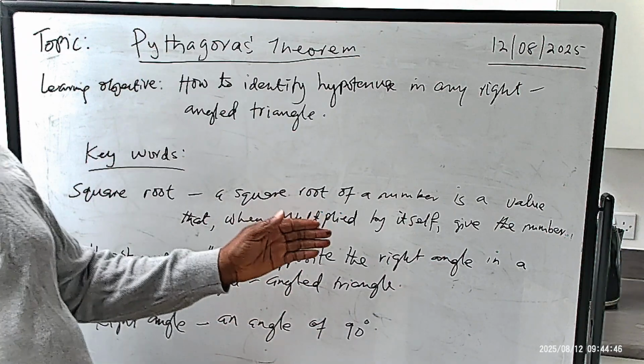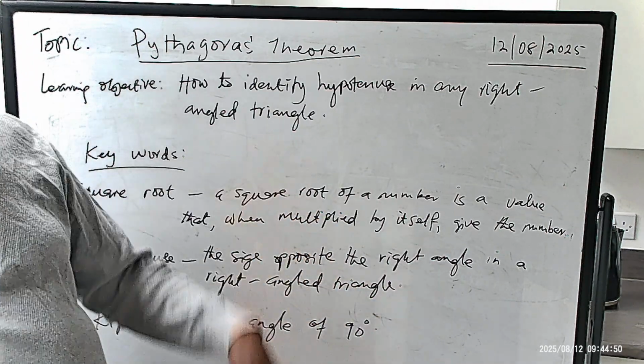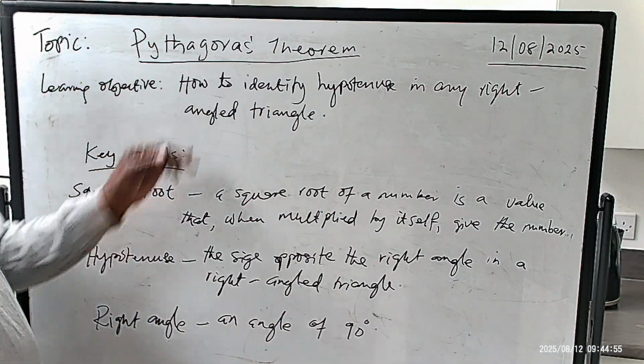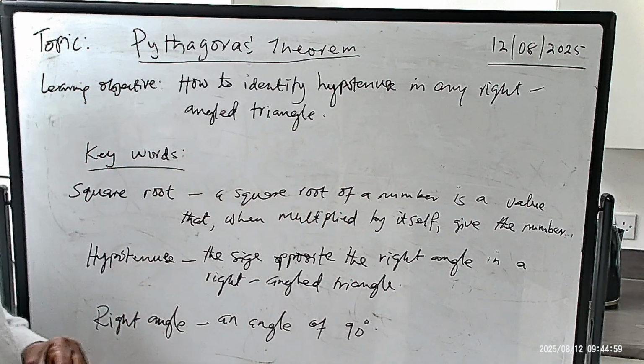This is the first part of the topic we need to treat today. Maybe next week we'll dive into more. Okay, the learning objective today is to learn how to identify the hypotenuse in any right angle triangle.